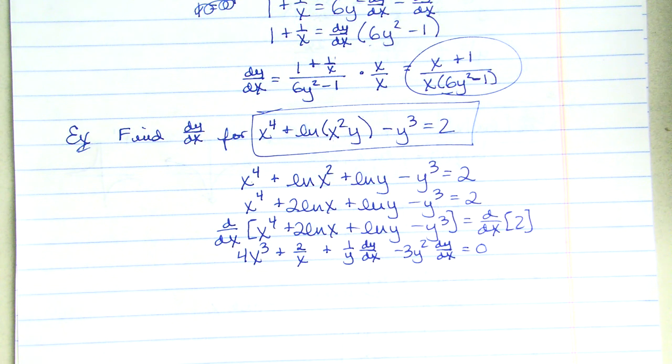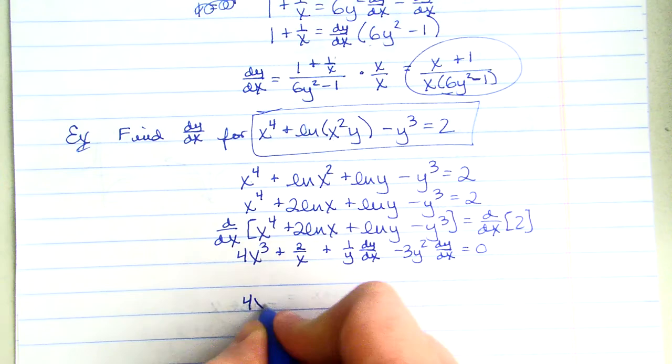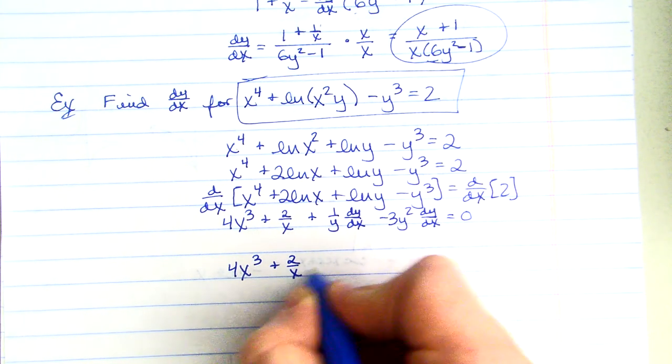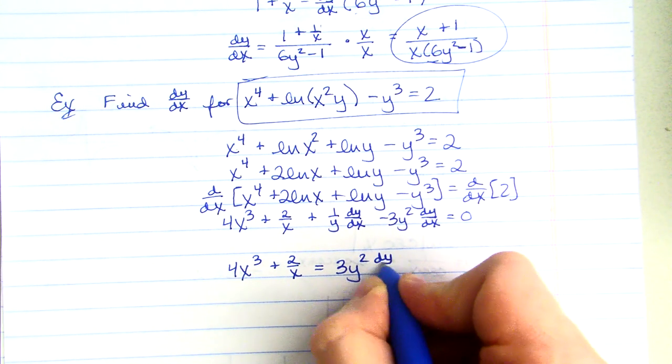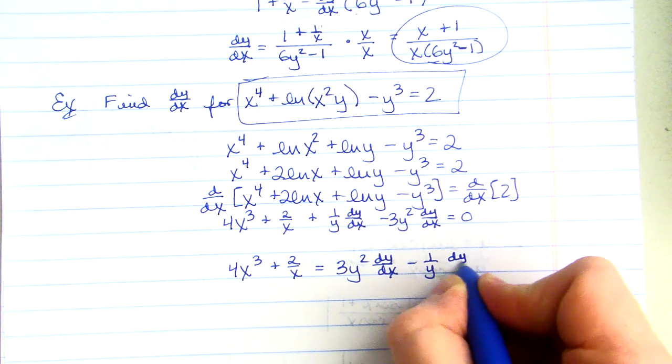Let's finish it together. I'm going to move the terms with the dy dx's to the right side. So I've got 4x cubed plus 2 over x equals 3y squared dy dx minus 1 over y dy dx.